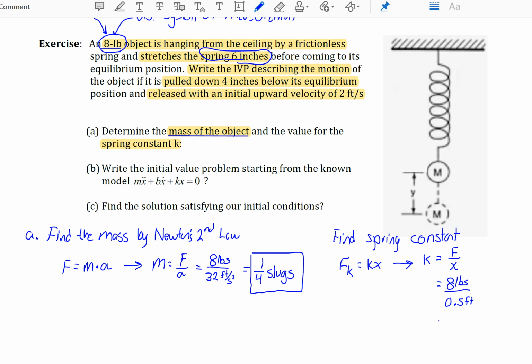Of course, 8 divided by 0.5 is going to be 16 pound-feet, or pounds divided by feet. 16 pounds per foot. This is your spring constant K.